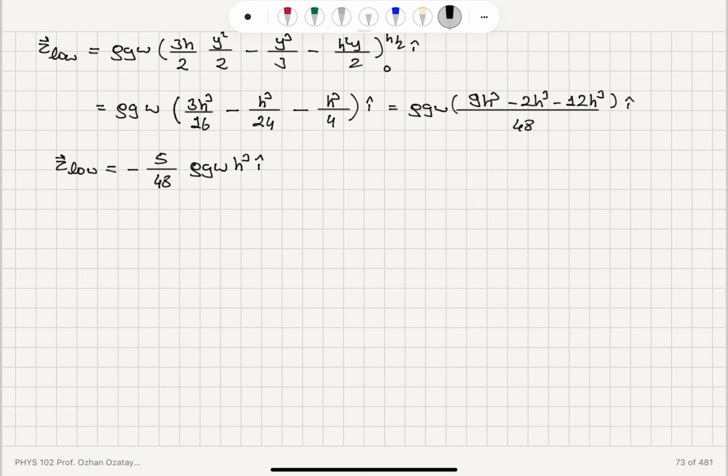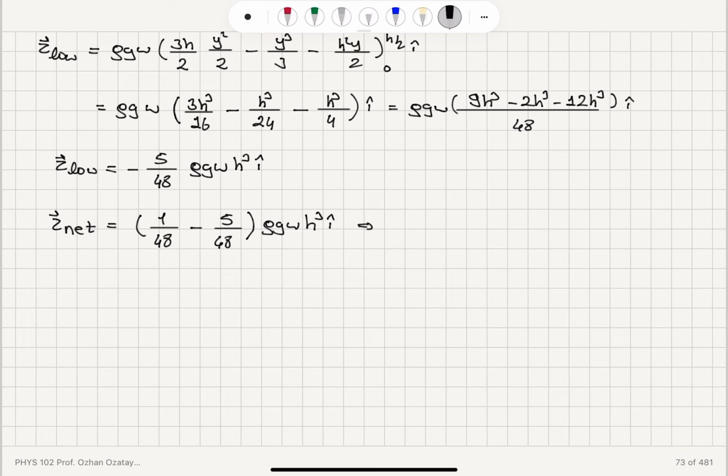I hat direction. Now we're ready to calculate the net torque. The net torque is plus 1 over 48 in I hat direction and 5 over 48 in minus I hat direction, rho G W h cube I hat.